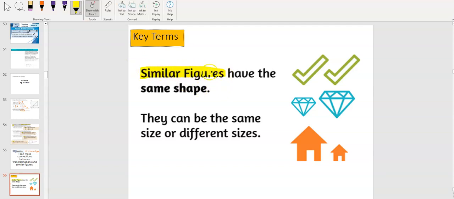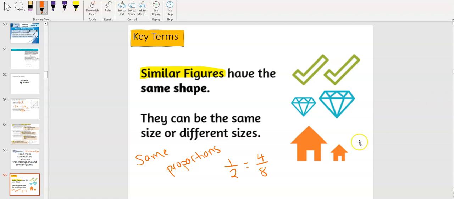So similar figures have the same shape, but they can be different sizes. So as long as it's the exact same shape, which means that it has the same proportions, then I know that it is a similar shape. Having the same proportions means that the ratios are the same, okay?